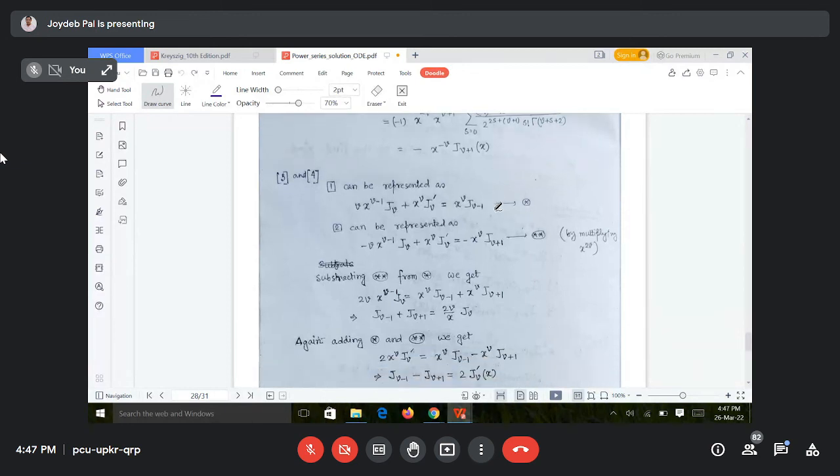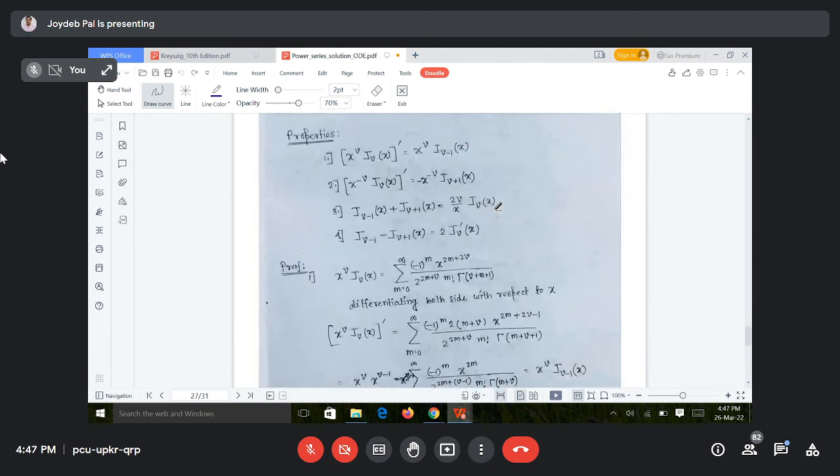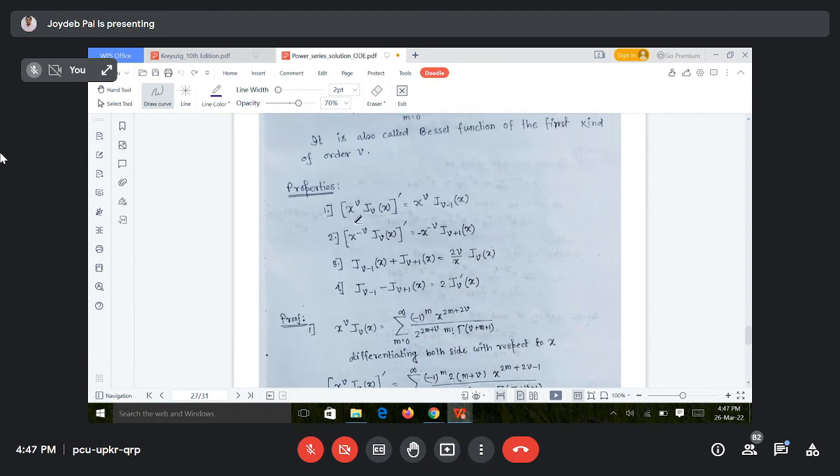Now see how I am doing the proof of 3 and 4. What is happening? Look, d/dx of the left-hand side, d/dx of x to the power nu J nu x. Now if you expand the differentiation of this, what can I write? You just apply d/dx on this.